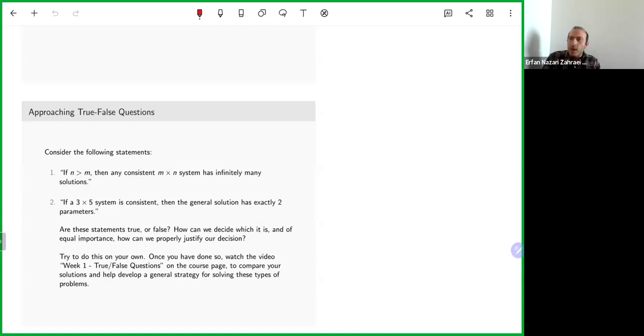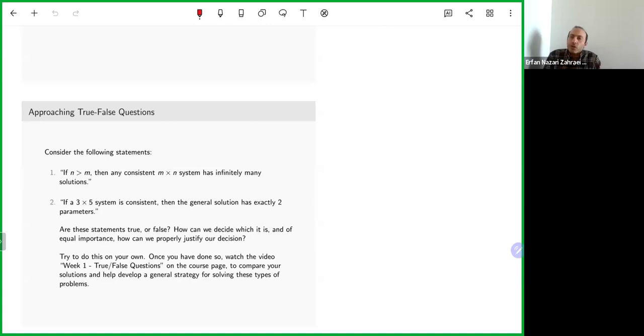And if you see a problem during this process, that you are doing a manipulation on theorems and definitions in the course to get what you have in the true false question, and you see that, oh, here they don't match with each other, there is a problem here, these are not the same.